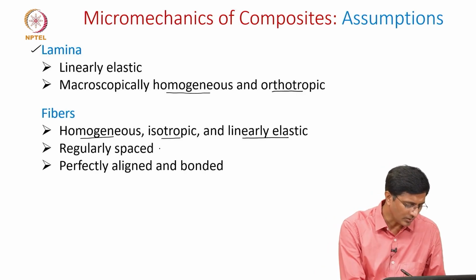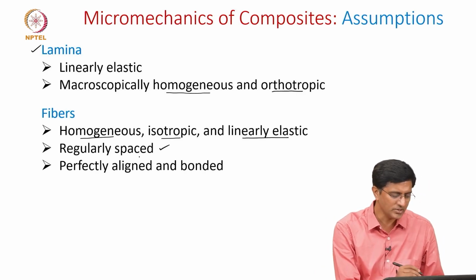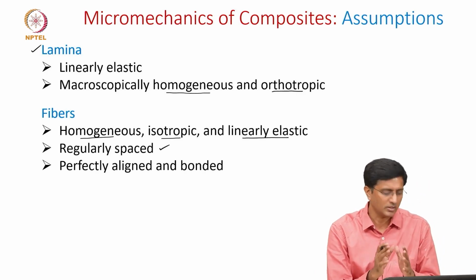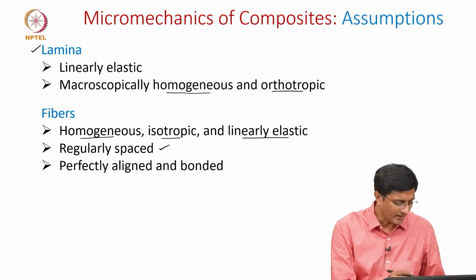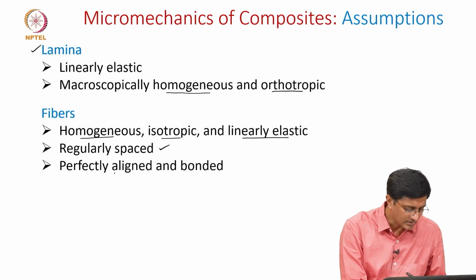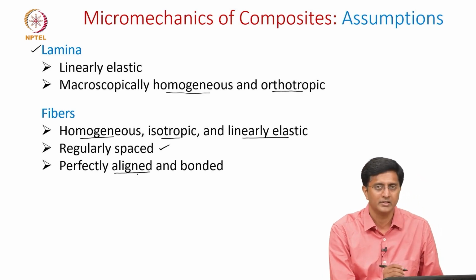We also mention these fibers are regularly spaced, which again has to do with the homogeneous distribution in the lamina. And lastly, we said that all these fibers are perfectly aligned.